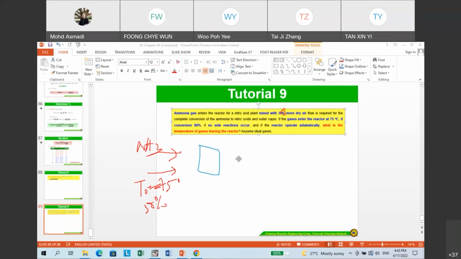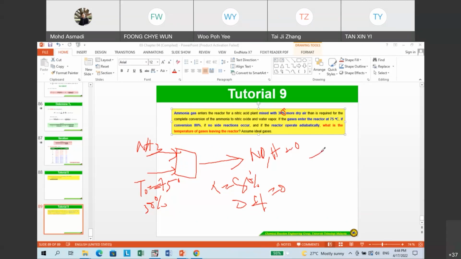And then exit NO, H2O. Okay. Conversion X equal to 80%. Okay, no side reaction. Delta H equal to 0. Okay, we have to find T. This one dry air, okay? Entering 30%. Dry air enter.